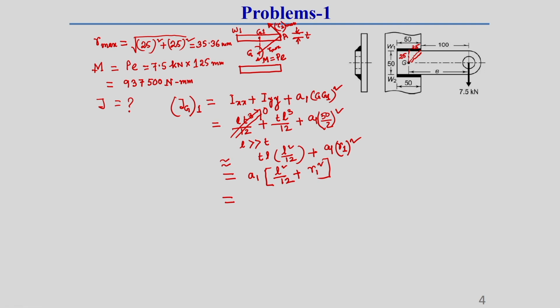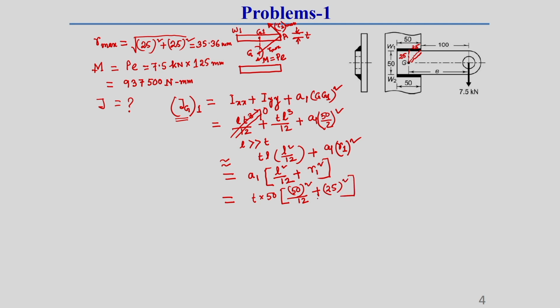So, here we can easily find out Jg1, that means the polar moment of inertia of weld 1 with respect to G. What we can get? Here A1 equals T into L, L of the weld is given as 50, into L square by 12, means 50 square by 12, plus here Gg1, this distance R1, you can find out as L by 2, that is 25 square.